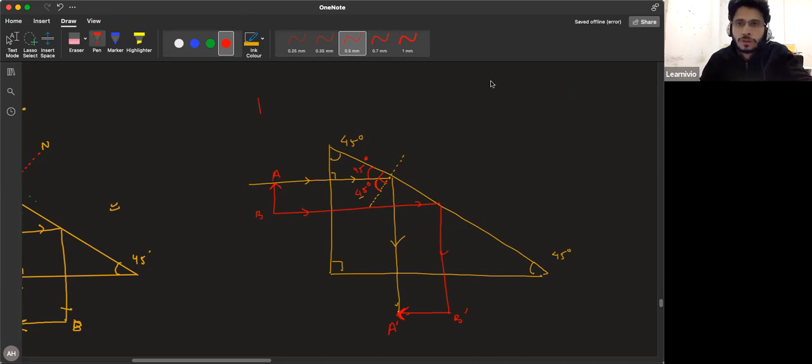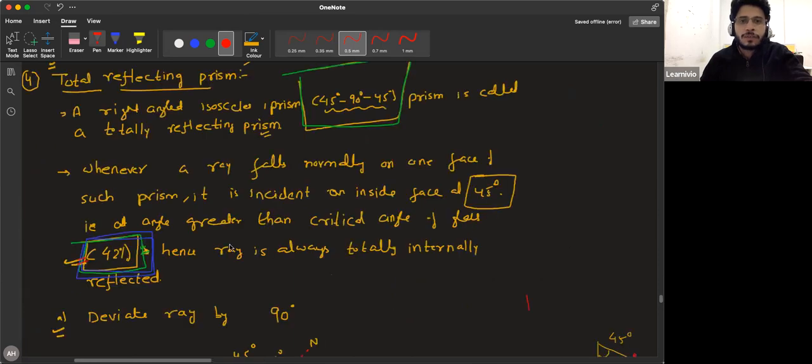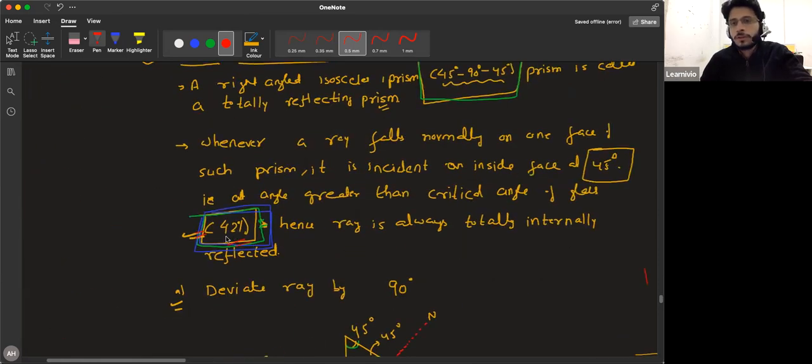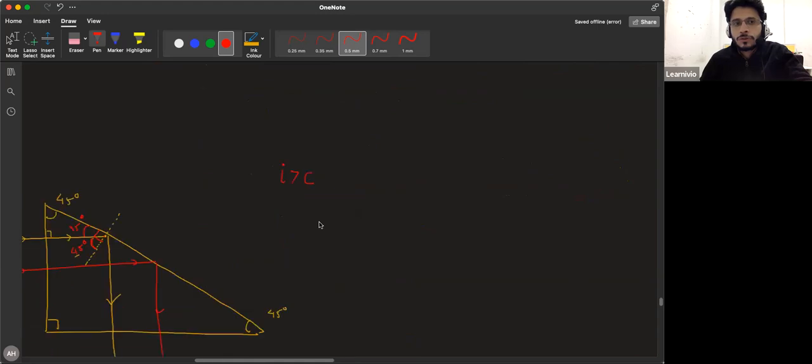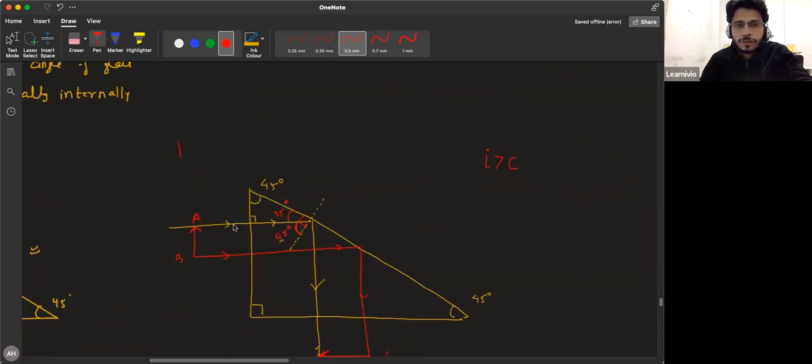Yes, Sapula. See, for TIR, the condition is the angle of incidence should be greater than the critical angle. For the medium of the prism, the critical angle is 42 degrees. Using this geometry, this ray is incident normally on this face of the prism. If a ray is incident normally, it will not deviate, it will go straight. Then this ray is incident here.